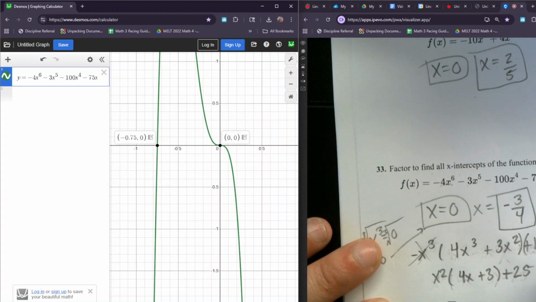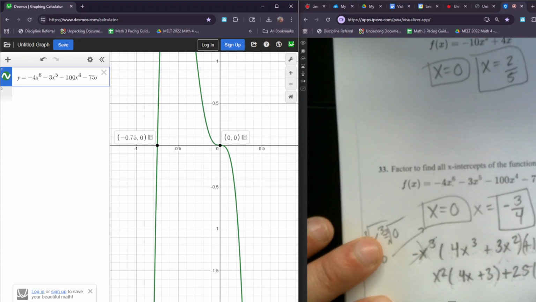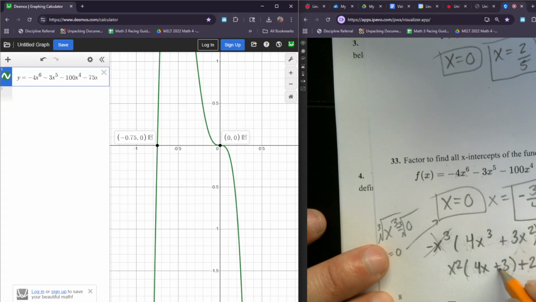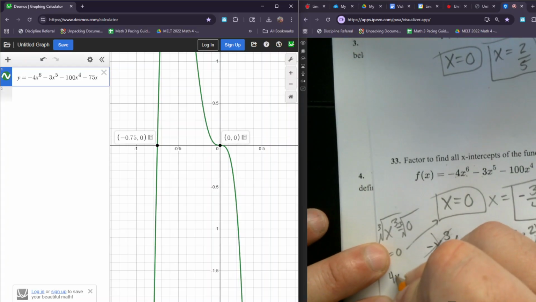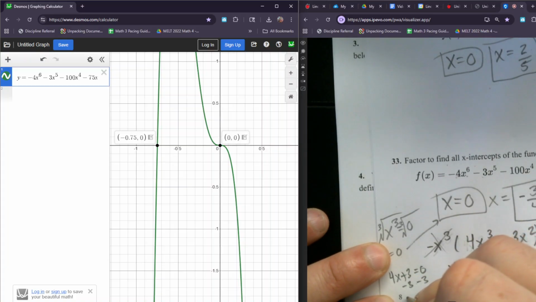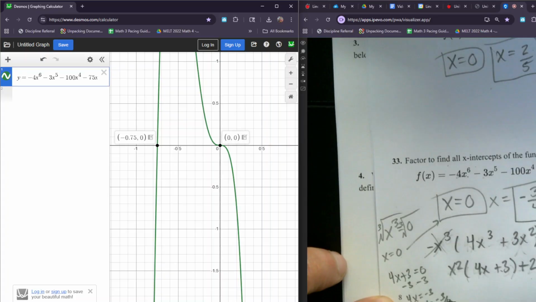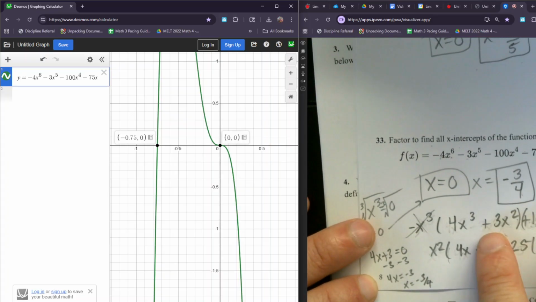GCF between this is 25. That gives me 4x plus 3. That's what it is. Now, these are the same, so that tells me they're right. There's a negative 3/4. It's this guy right here.